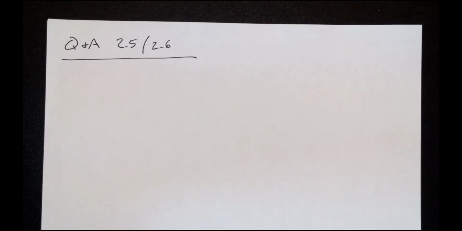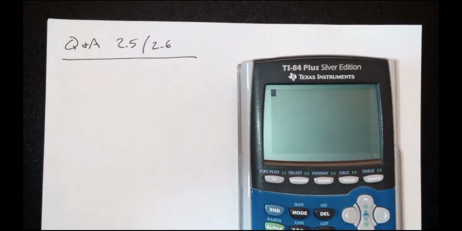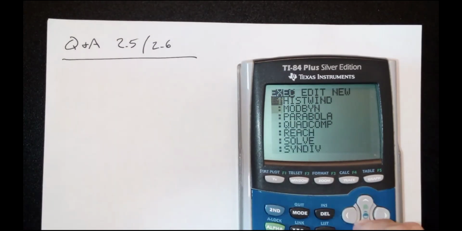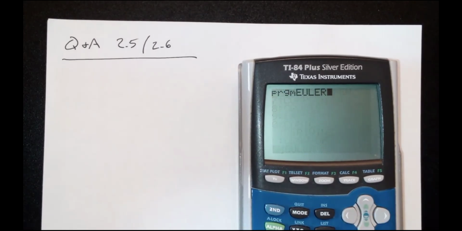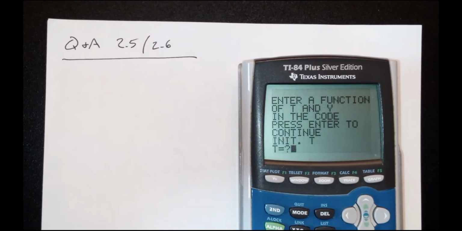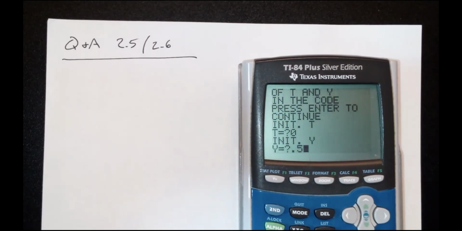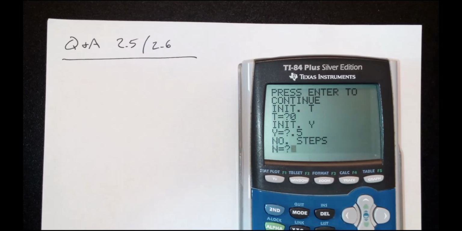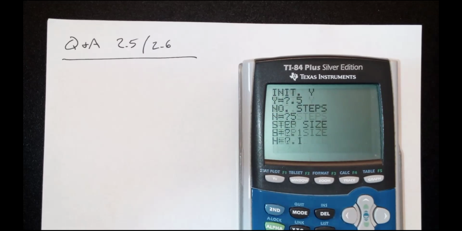So let's see, that was number 10, and it started with y of 0 is 0.5. Program, Euler, put the function in, 0 is 0.5. And then we were going to take 5 steps of size 0.1, right? Yeah, 5 steps of 0.1.